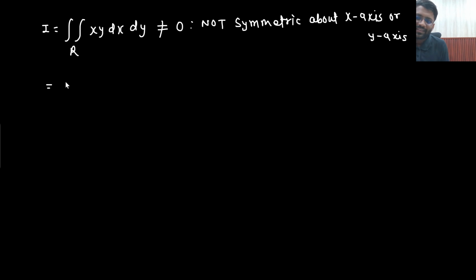So let's get started. x equals r cos theta, y equals r sin theta, and r dr d theta.